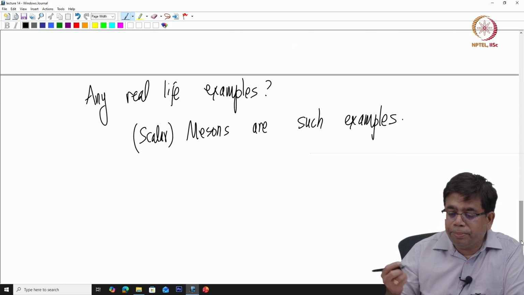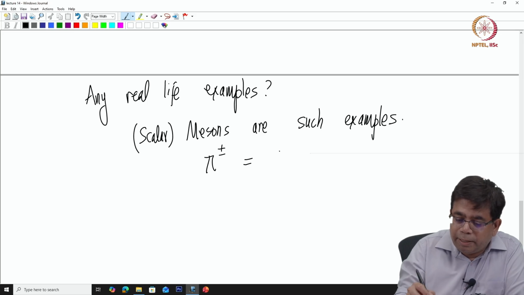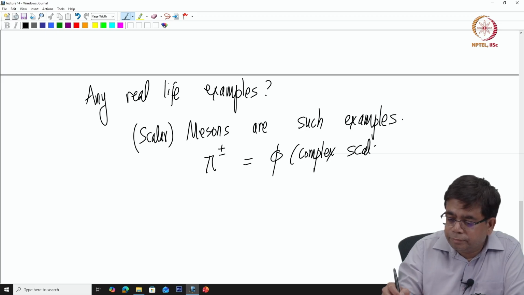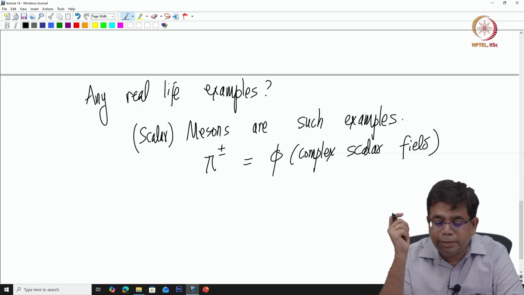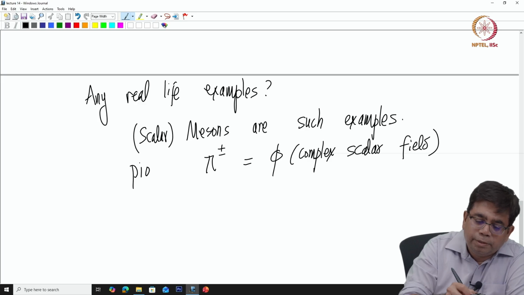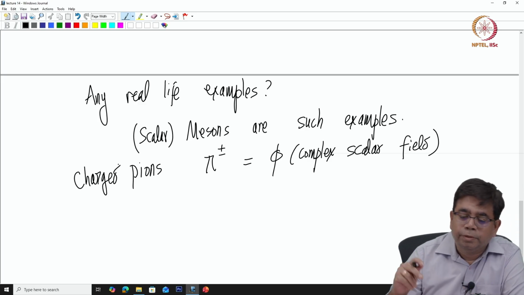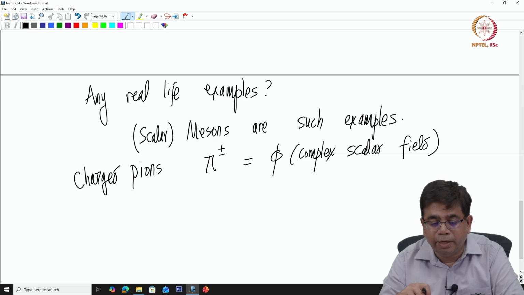And for example pi plus minus can be written as a complex scalar field. So, pions, scalar mesons, okay, charged pions, pi plus and minus will be represented by a charged scalar field.